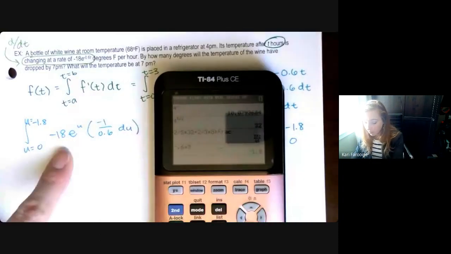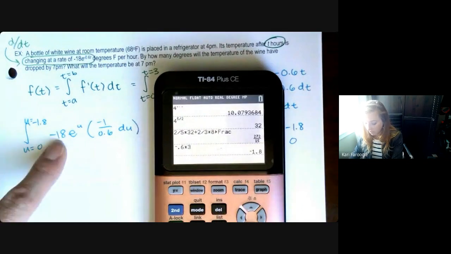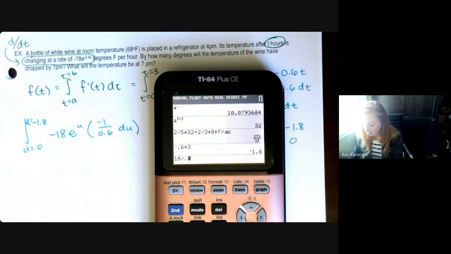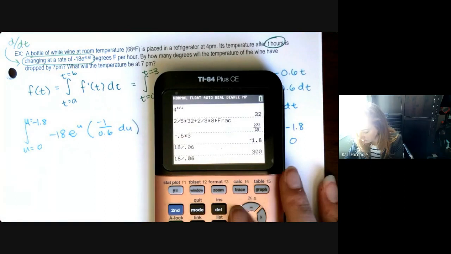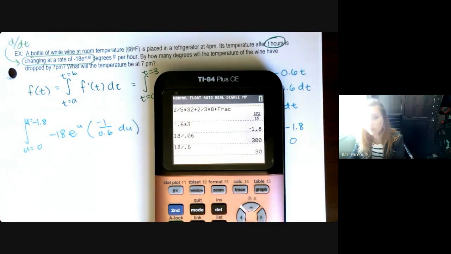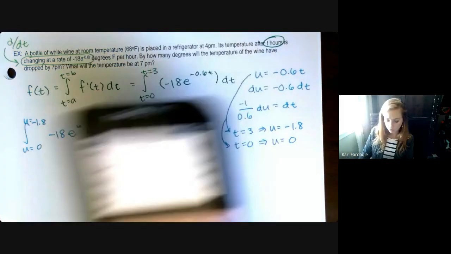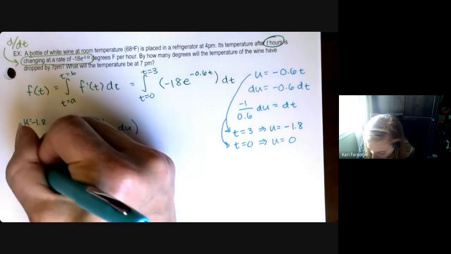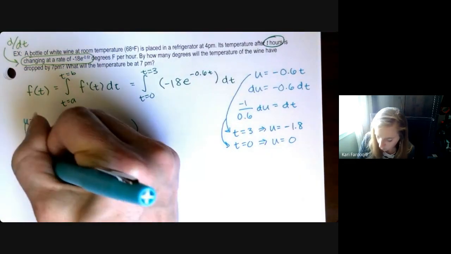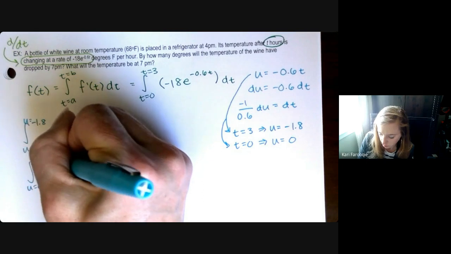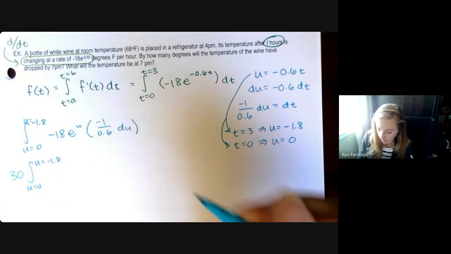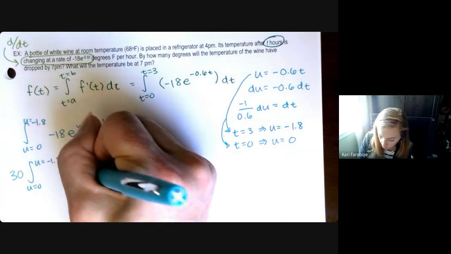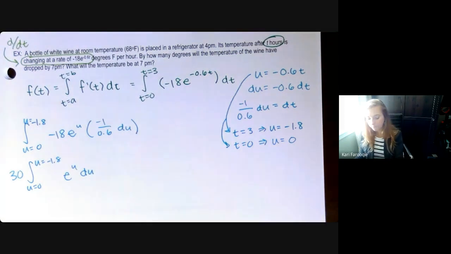To simplify this, I'm going to take 18 and divide it by 0.6, which gives 30. Now u goes from 0 to negative 1.8. I'm going to have 30 times e to the u du.